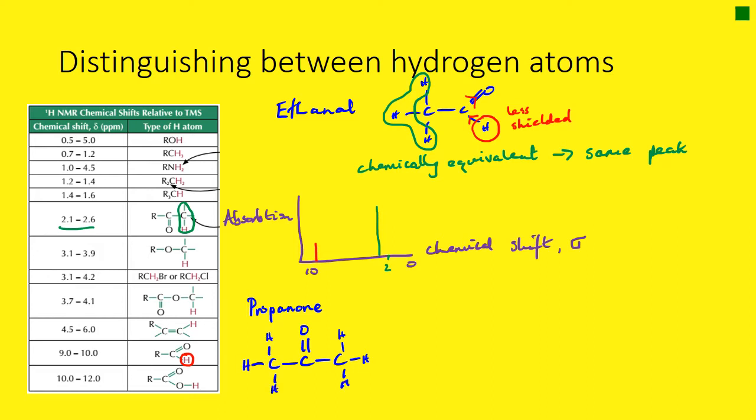So there's our propanone molecule, and we can see that all 6 hydrogens, even though they're in 2 different methyl groups, are called chemically equivalent. So these 3 you can see are chemically equivalent, the same amount of shielding as those 3. So they're all chemically equivalent hydrogens and appear on the same peak. So we're just going to have 1 peak for propanone.